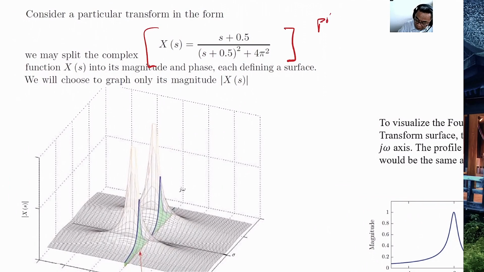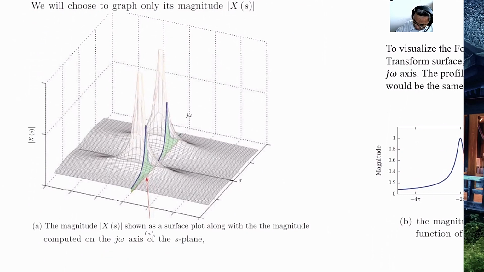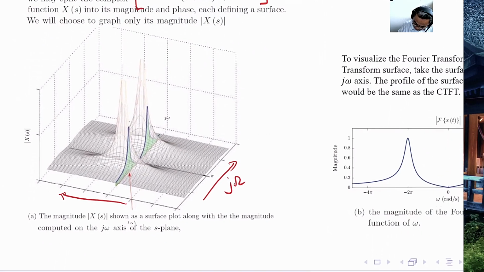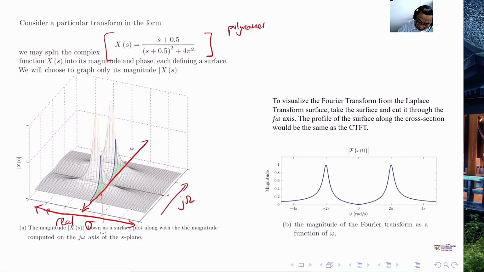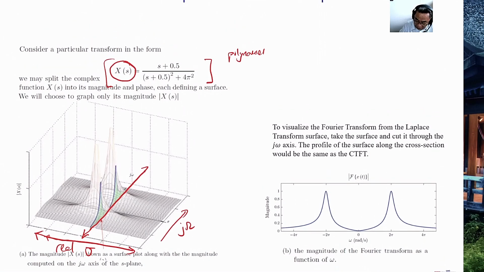It is a polynomial with respect to s, and s is the entire plane, so this is j omega along this axis here, and along this axis it is the real sigma. So we're going to give you a representation of Laplace, and it looks like this. You'll learn how to calculate this later on.